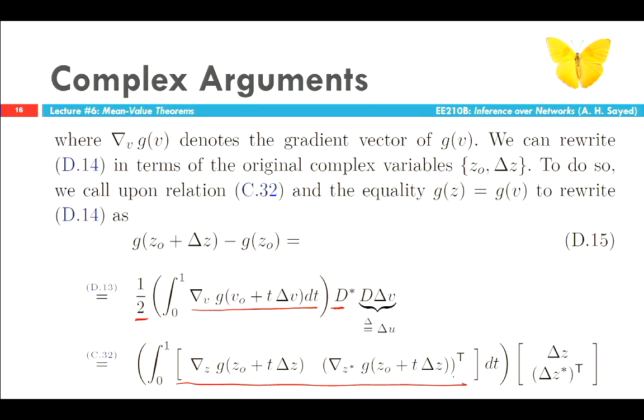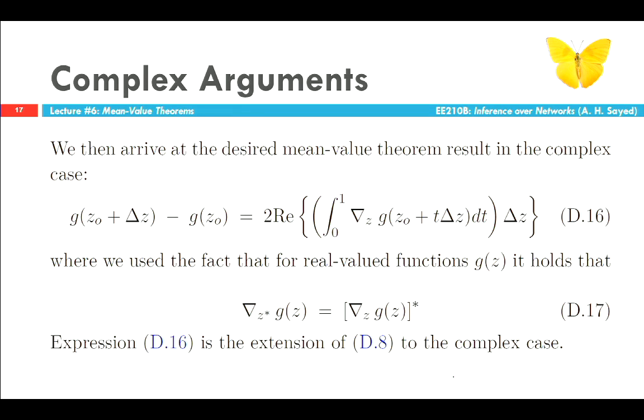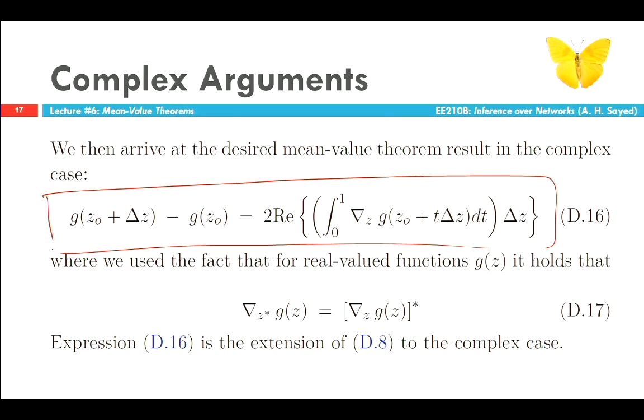This times that is the conjugate of this times that. You will get the 2 real part of this times that. Again, the 2 real part comes up. Okay. There it is. You see, this is the extension to the complex case of the mean value theorem. The 2 real part comes up because these are real valued functions, so it makes sense for the 2 real part to come up. Understand? Again, I'm going to use this to approximate this around z0 and know exactly what the difference is. Okay.